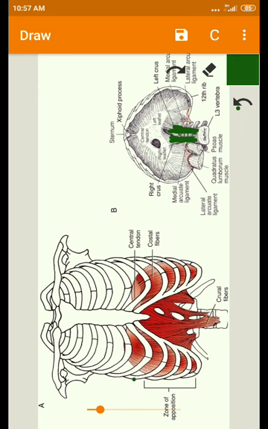So these are called the vertebral portion also. The right and left crus arise from the L1 to L3 vertebrae, the lumbar vertebrae.